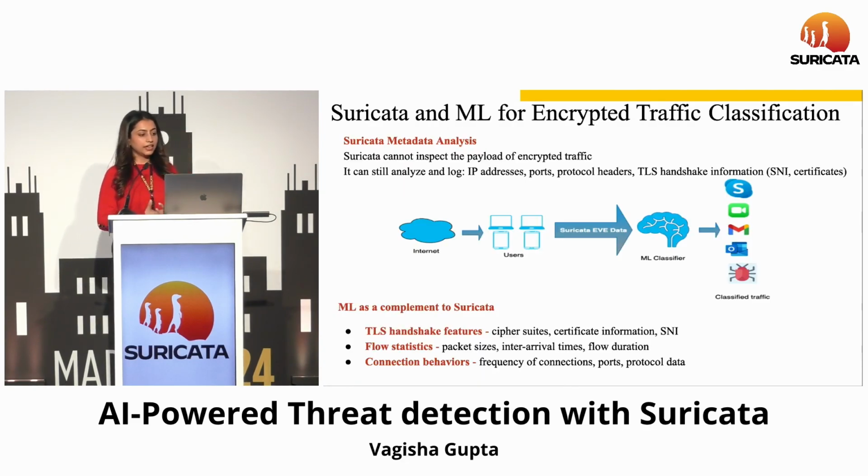Where do Suricata and ML come into play when we want to classify encrypted traffic? Suricata gives us highly rich metadata, which includes TLS information, SNI, certificates, IP addresses, ports, and protocol headers.